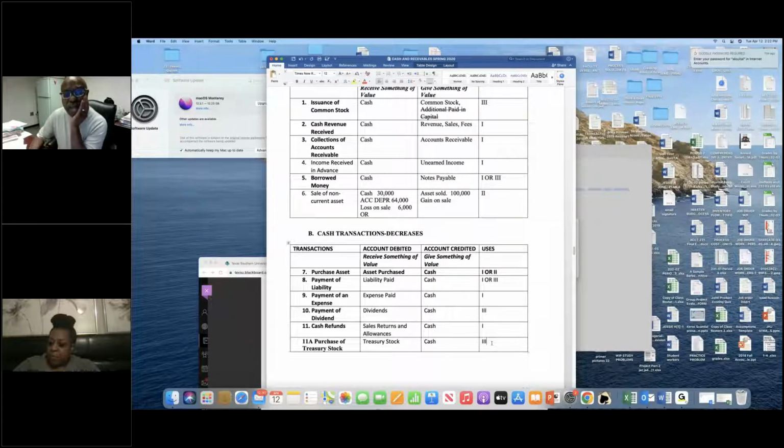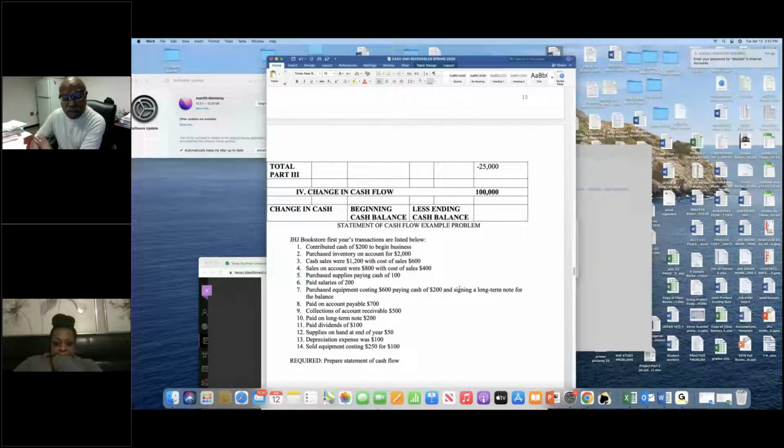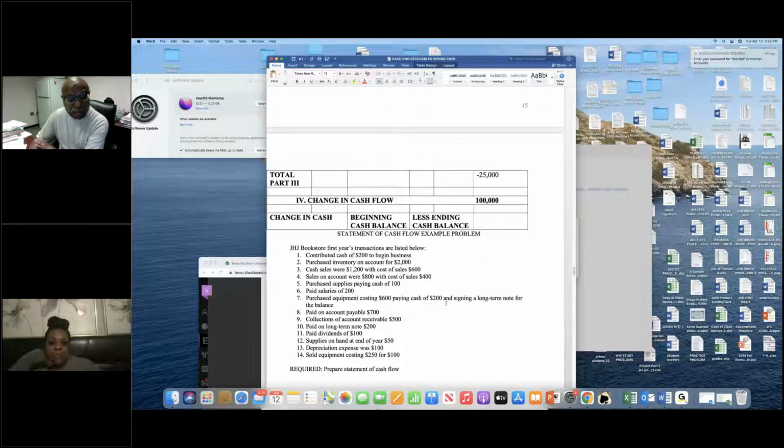So here is our example, and we want to prepare a cash flow statement from this example. So we would go through each one of these journal entries, and that's where we're going to start tomorrow and get our cash flow statement prepared. So you should look at this, and what I want you to do is to look at which of these transactions you're going to scratch out.